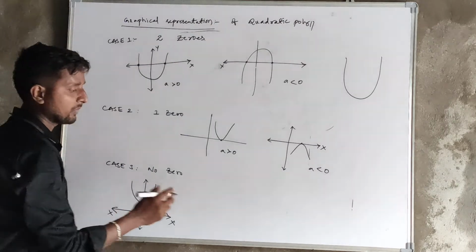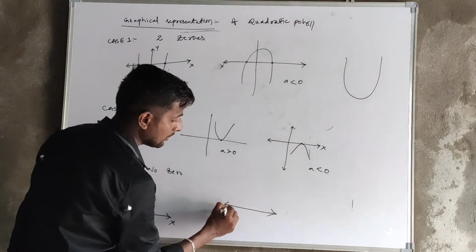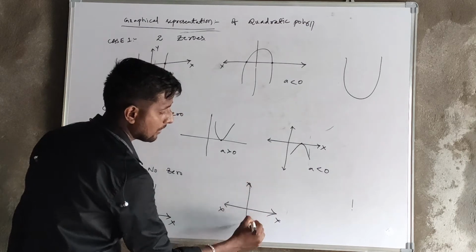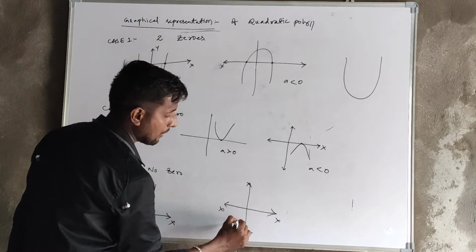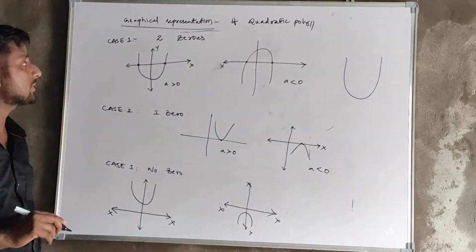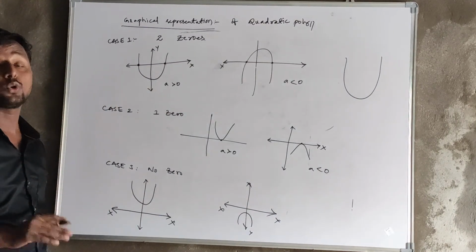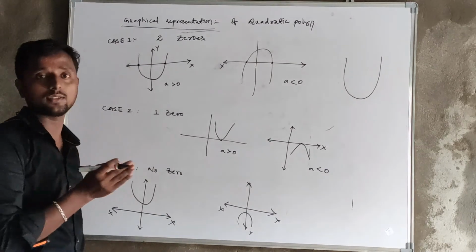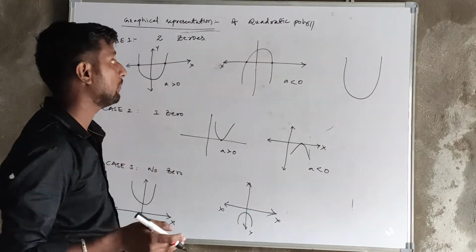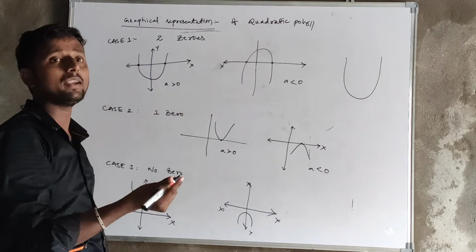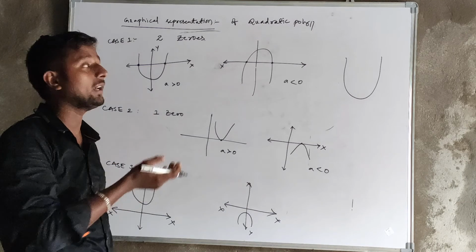So here no zero. The same thing happens here also. So zeros have a relation with the x-axis, with the x coordinate, because whatever zero you are pronouncing here, the same thing has an x coordinate at that location.